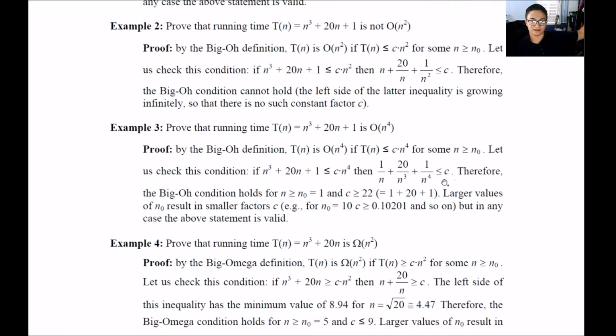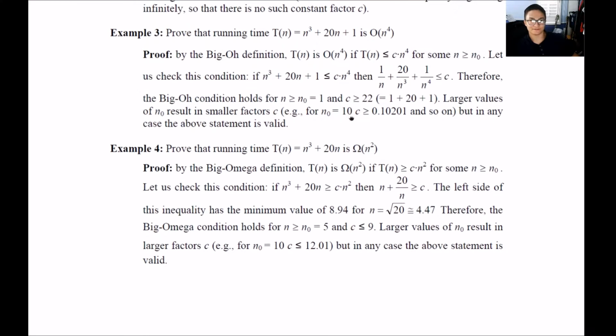And it's still true. It's a valid statement. It's just that to say something is big O of n to the millionth, it doesn't sound correct. I mean, it says that it's valid, which is fair, but I guess I will have to look more into this.